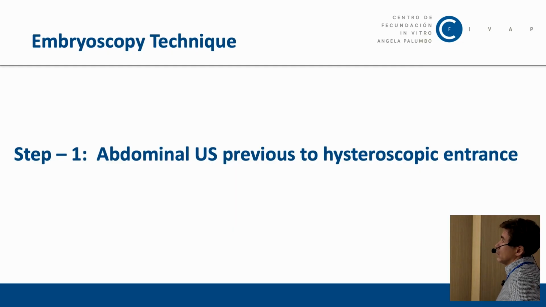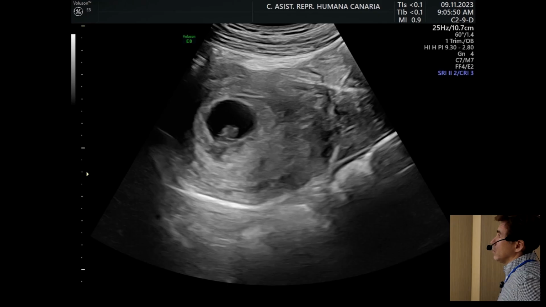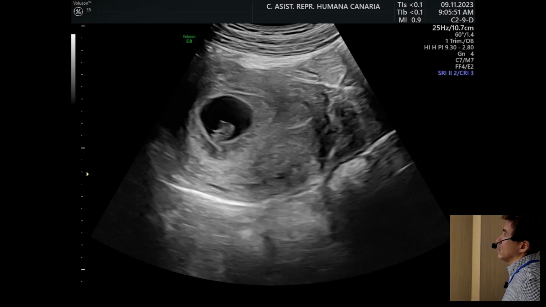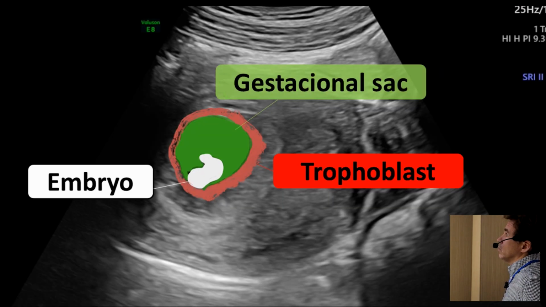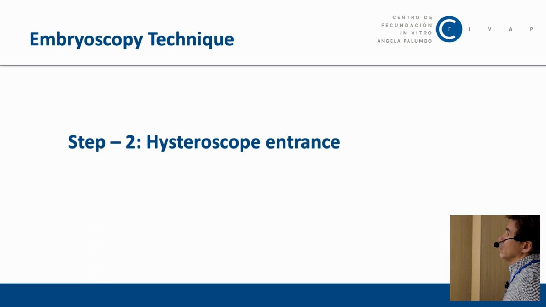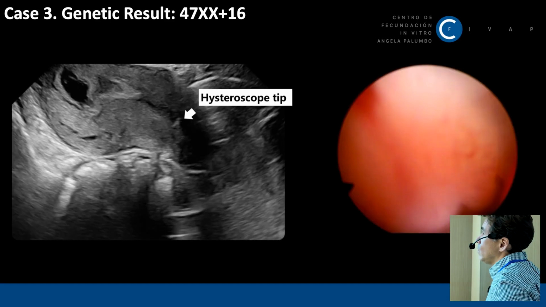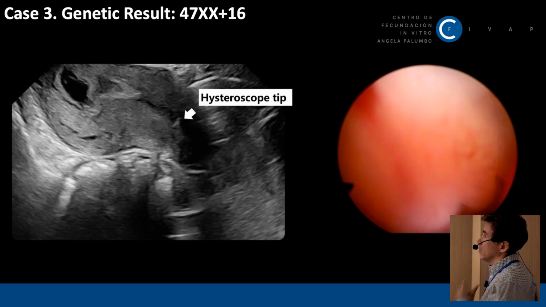Step 1. We perform an abdominal ultrasound prior to the hysteroscopic entrance to confirm the presence of missed abortion and localize the gestational sac and the embryo. Step 2. Hysteroscope entrance. Anatomy of the cervix and uterine isthmus change during pregnancy. That's why, in this step, ultrasound guidance is of paramount importance.